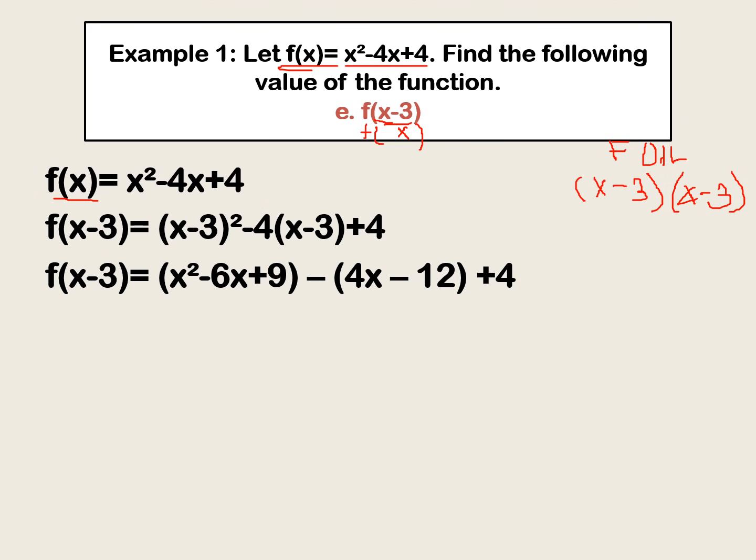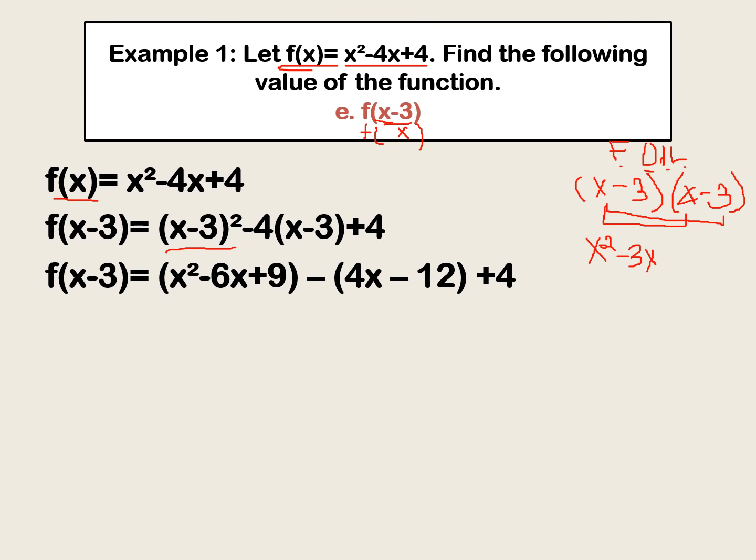So, first, outer, inner, and last. So, how would it be? Expand muna natin ito. Okay? So, bali, first muna, x times x, it would be x squared. Then, x multiplied by negative 3. So, minus 3x.